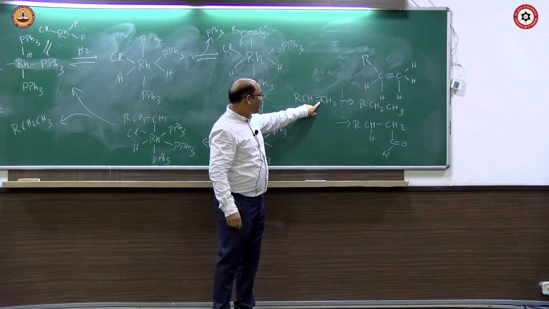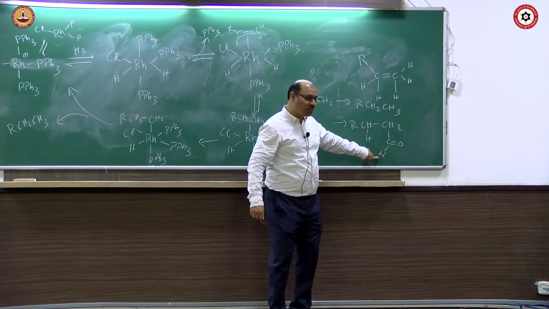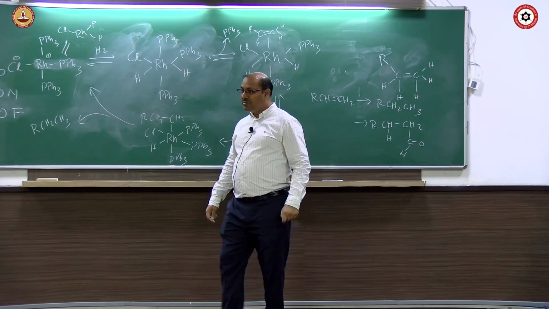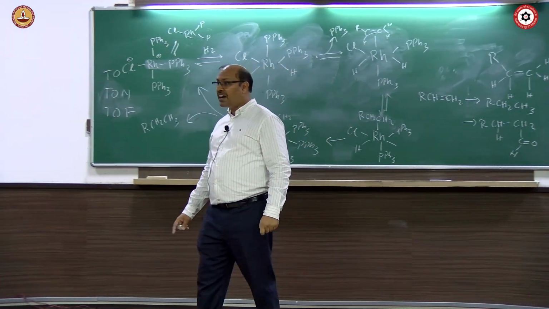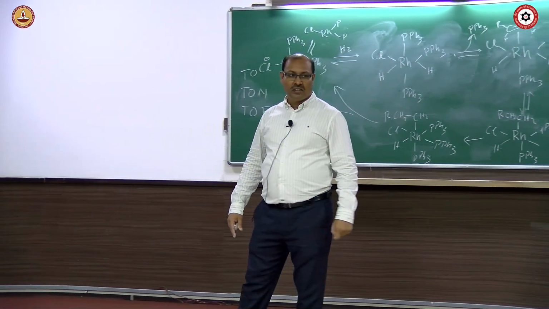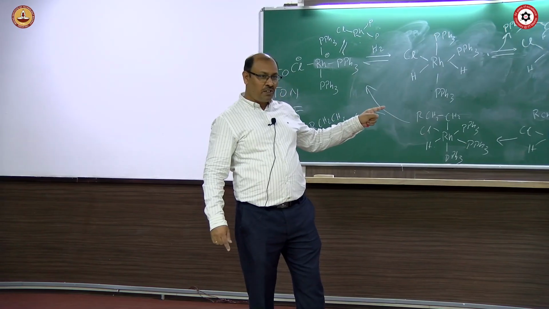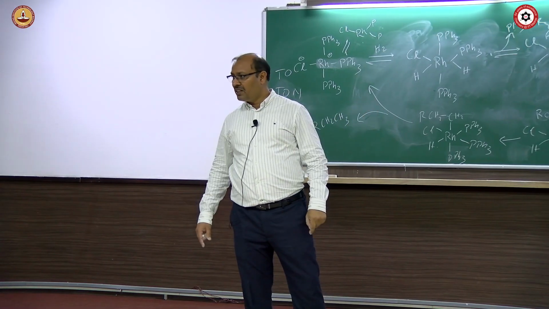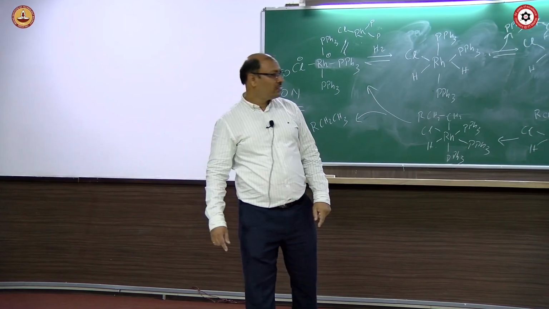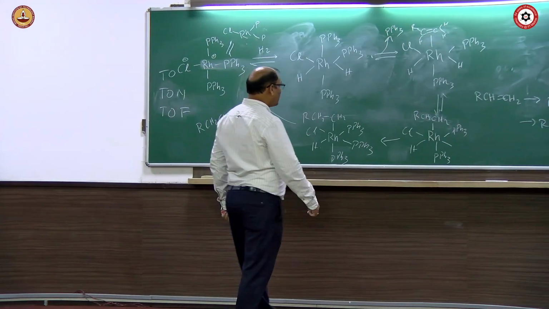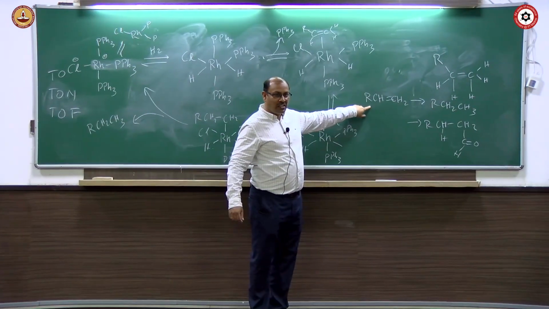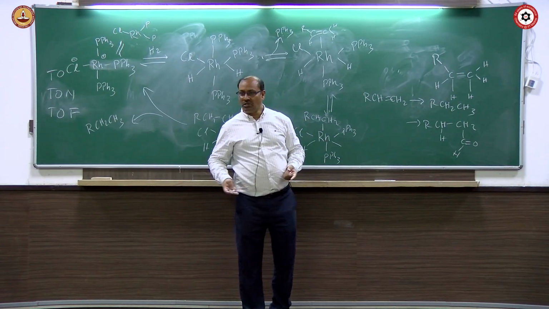Instead of H and H, H and CHO is added to make an aldehyde. This is called hydroformylation. H is hydro, CHO is formyl. Hydroformylation reaction. The catalyst required here is Wilkinson catalyst and the other reactant is H2.